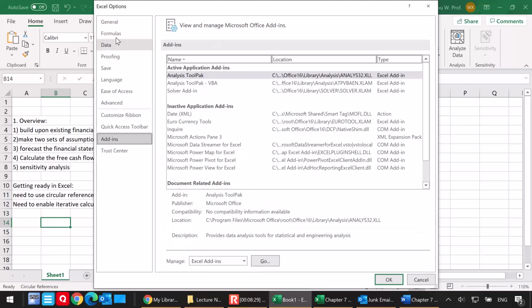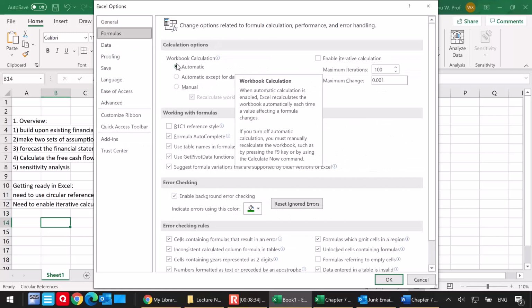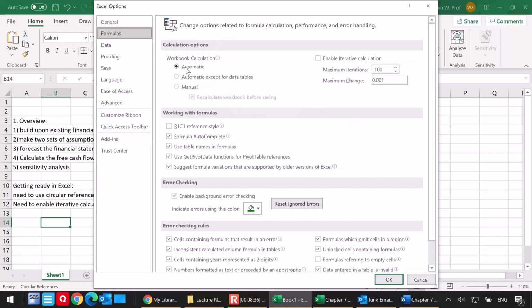But here I'm going to Formulas, where there's something called Workbook Calculation. You need to set that to Automatic, and you also need to check the box called Enable iterative calculation. Once this is enabled, Excel is not going to report any circular cell reference errors, and Excel can solve this model for us.